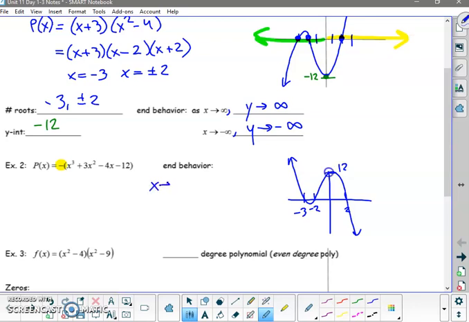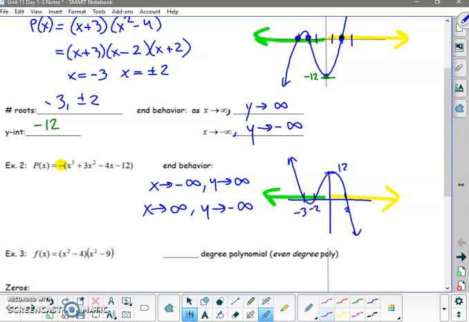Well, as x approaches -infinity, so as we move to the left, now it looks like the graph's going up. So y is going to approach +infinity. Now as we move to the right, so as x approaches infinity, y is going to approach -infinity because the graph is decreasing.